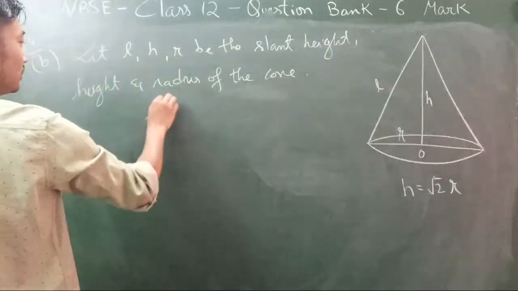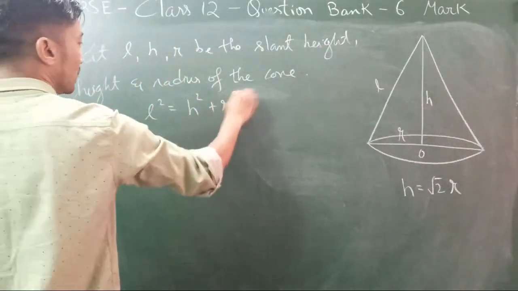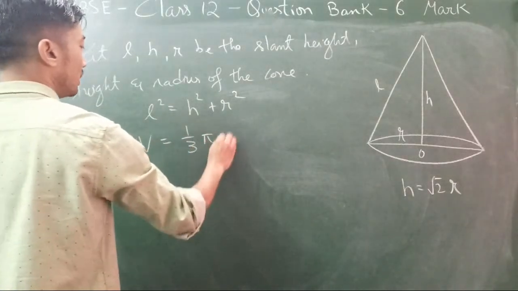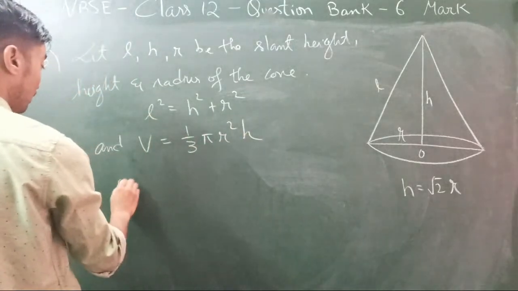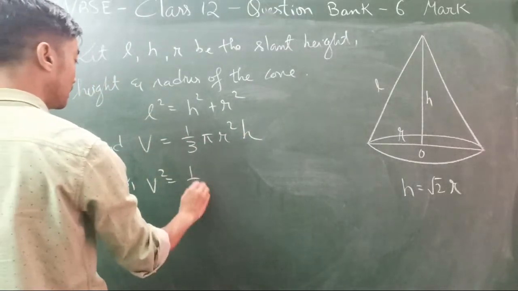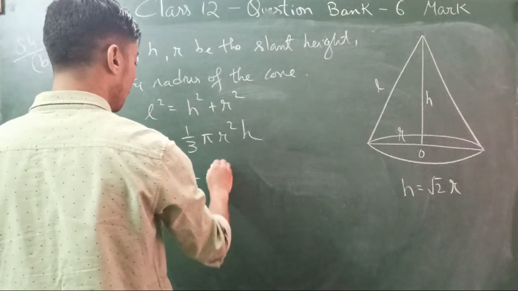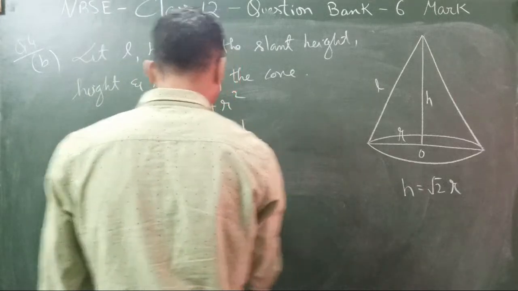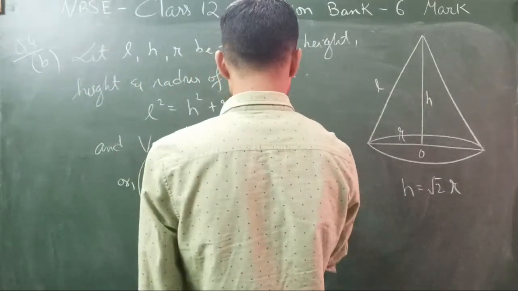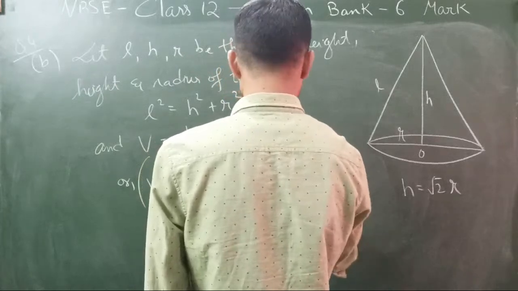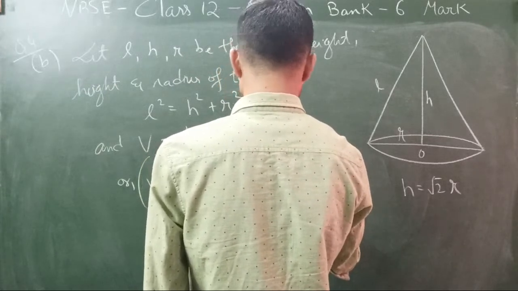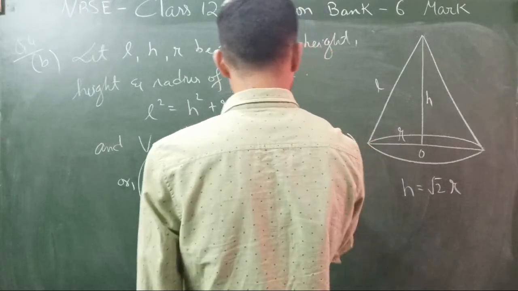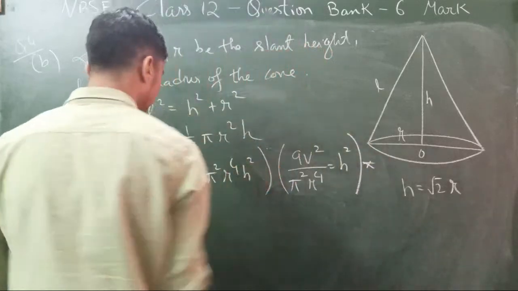Some dimensions that we know, that is L is equal to root of H square plus R square, and since volume is given, that is 1 by 3 pi R square H. Or here in this equation, we might just need this 1 by 9 pi square R power 4 H square. Or we will also be using this equation, 9V square by pi square R power 4 is equal to H square. We will be using either of these two equations.